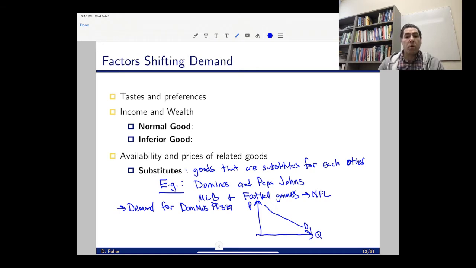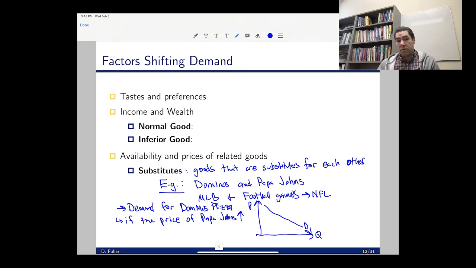Okay, so what happens to demand for Domino's pizza if the price of Papa John's pizza increases? Right, so now Papa John's pizza is more expensive than it was before. What does that do to demand for Domino's pizza?